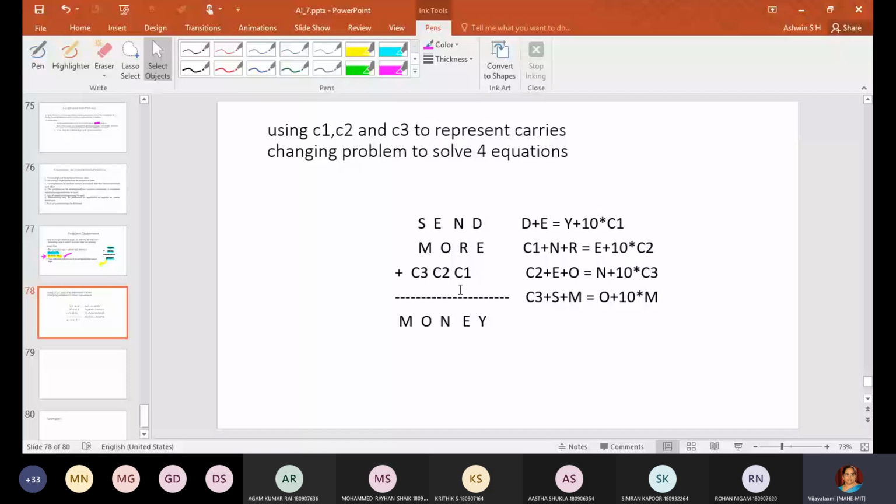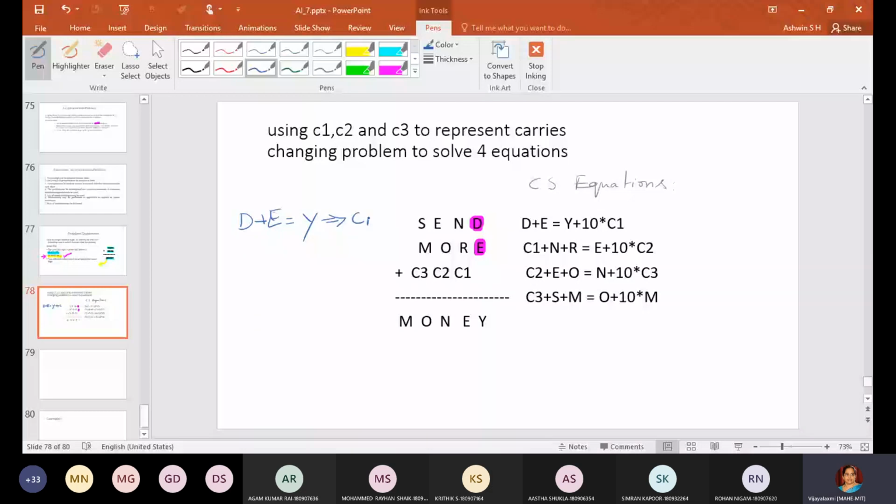We have to write the constraint satisfaction equations. How to write the equations? It is very simple. The first equation is D plus E is equal to Y, and this will generate a carry C1.